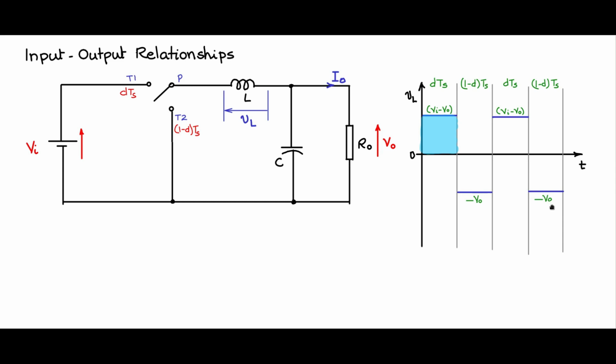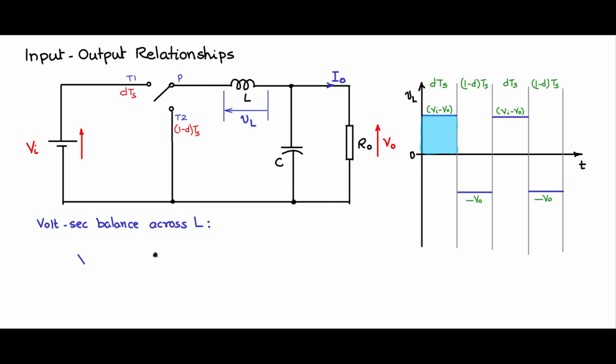So this is the inductor voltage wave shape, and during this time, what is the volt-second? This is a rectangular voltage. No need to do an integral. You can find the area just by the height times the time width. So we have Vi minus V0 into dTs. Let us calculate the volt-second balance across the inductor.